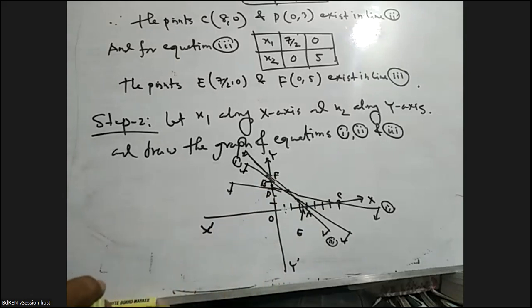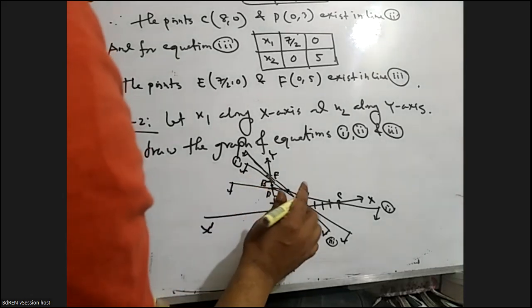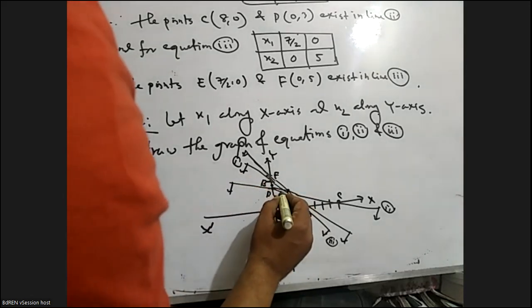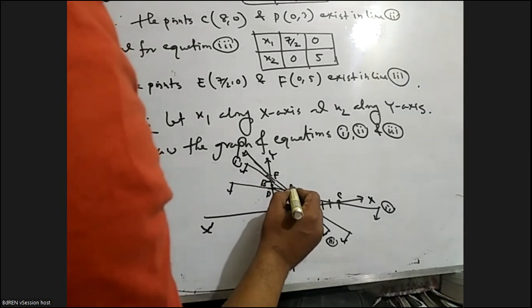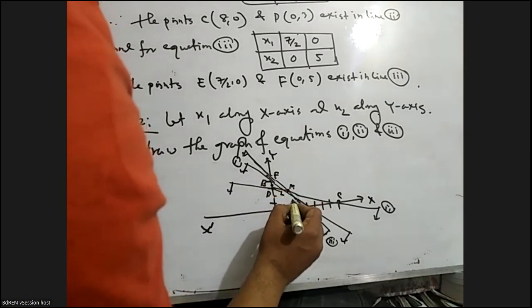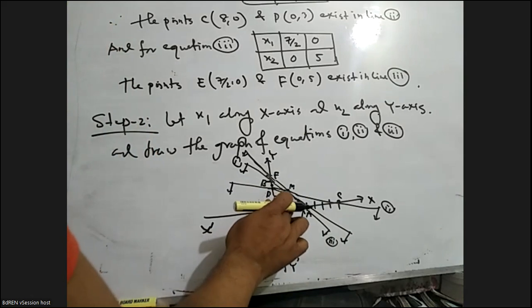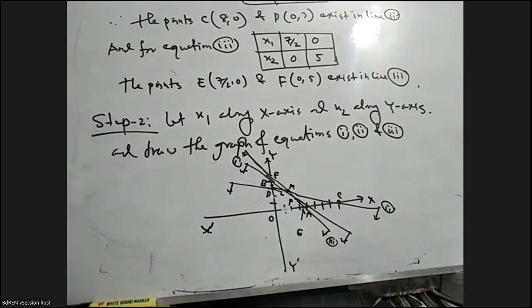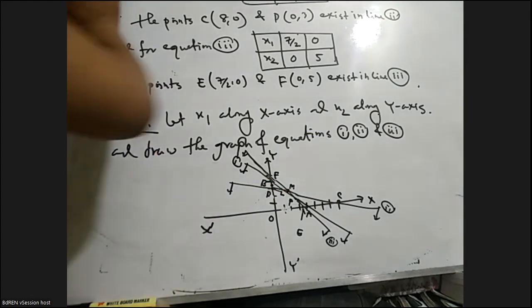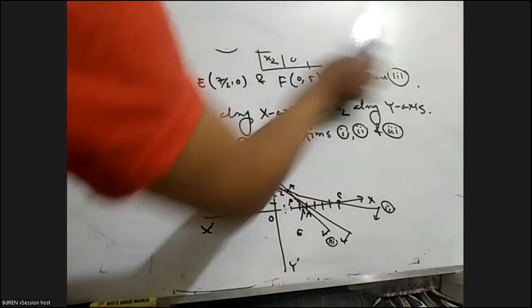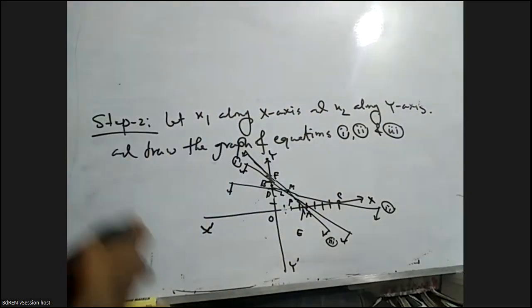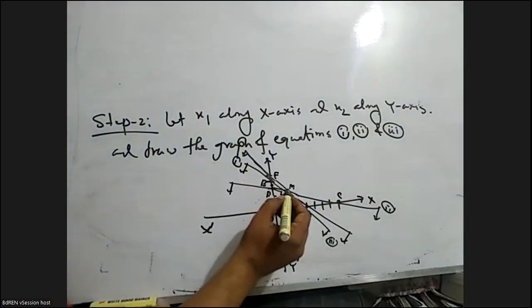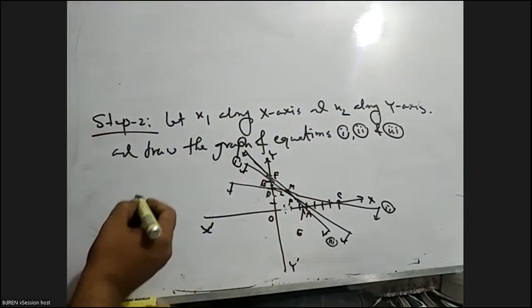So there are 3 intersection points. Suppose these are L, M, P. Now, how can we find these intersection points? L, M, P. This is the feasible region for us.